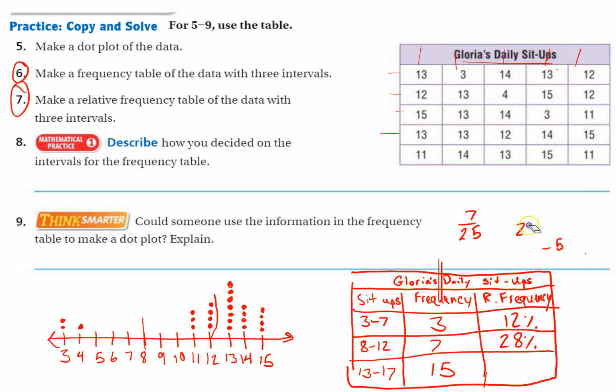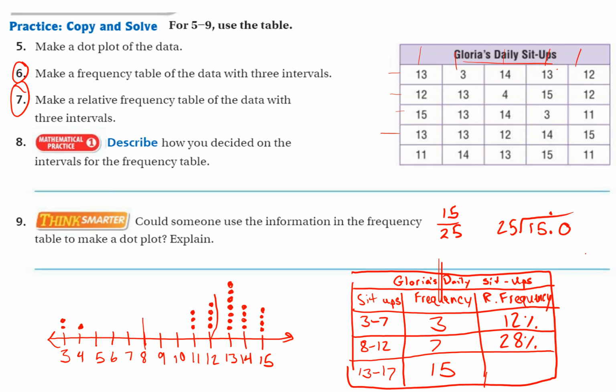And lastly, 15 out of 25 times. 15 into 25. Denominator first. Denominator into numerator. Add my decimal.